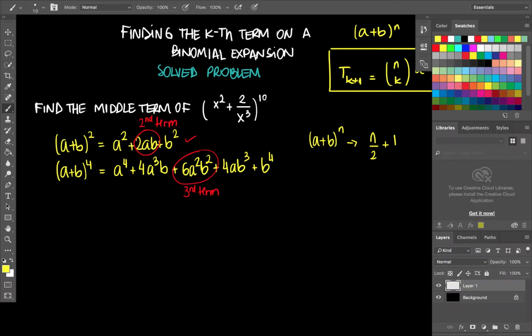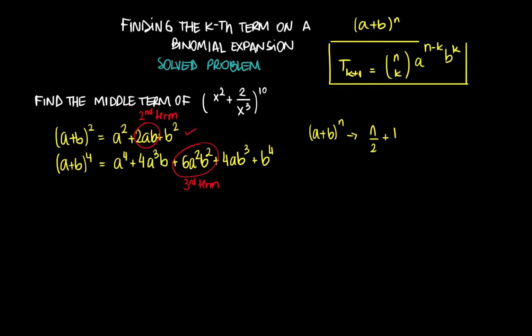When we look at what we have, which is the 10th power, the middle term is going to be the term whose number is 10 over 2 plus 1, which is equal to 6. It's the sixth term. So the sixth term is going to give us the middle term of this expansion.